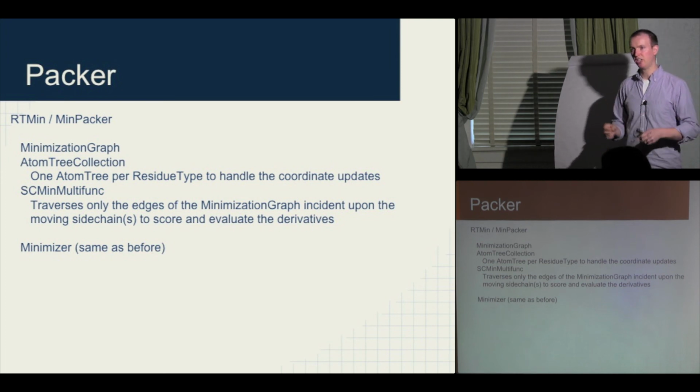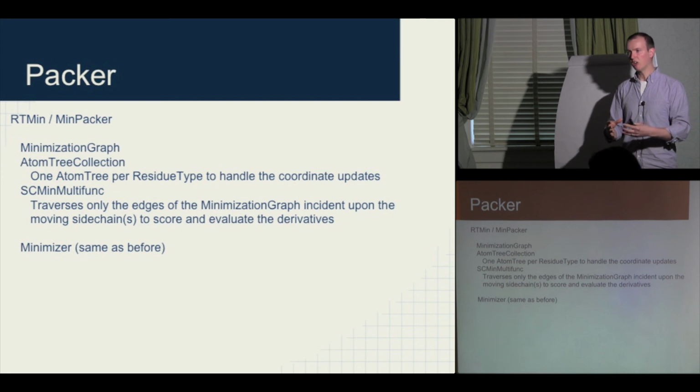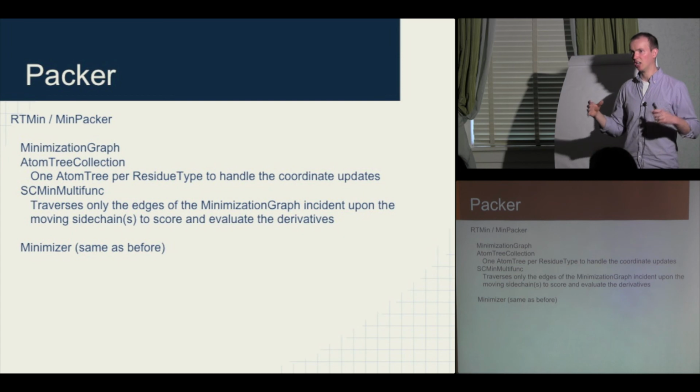Its efficiency before was because of lots of very hard coding, at least in Rosetta++. But in Rosetta 3, its efficiency is because it takes advantage of the hierarchical decomposition of our energy function into terms that depend on residues and residue pairs.